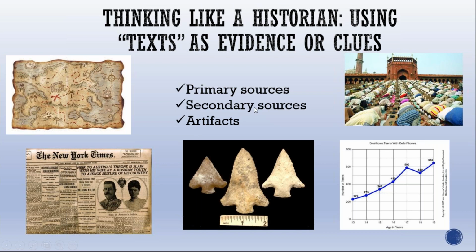I think one of the ways we start to think about primary sources with elementary kids is we think of all the different types of text that we could put together in a unit for students to make meaning from. Those could be primary sources, something that was written or an image from the time period. It could be secondary sources, something written about the time period, or especially with young learners, I think artifacts are powerful.